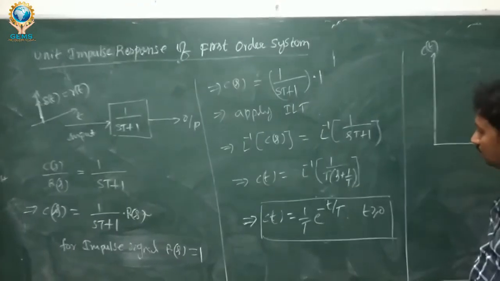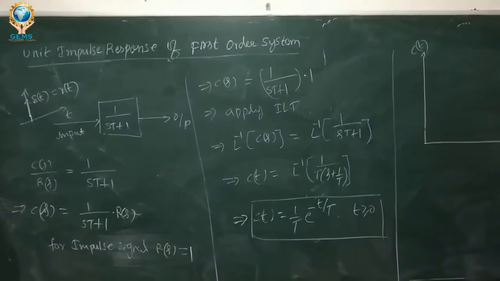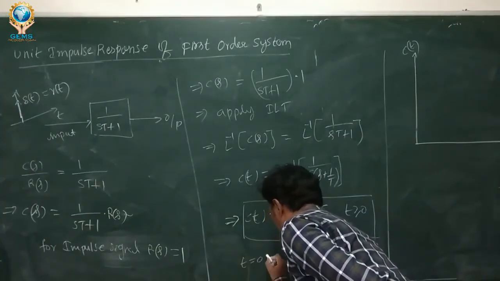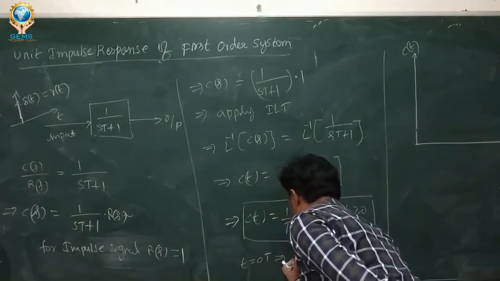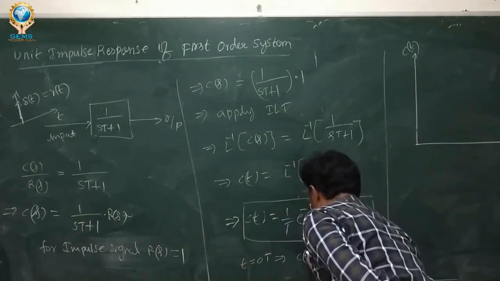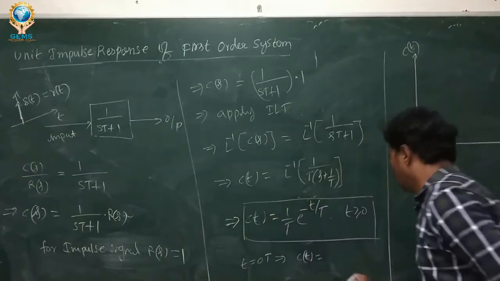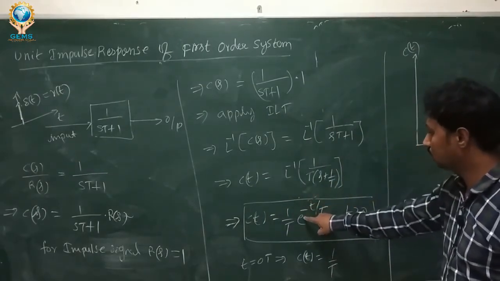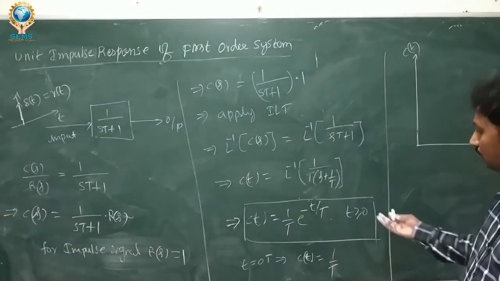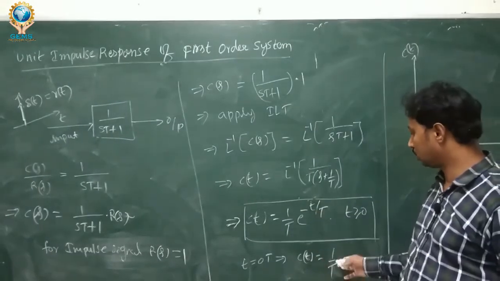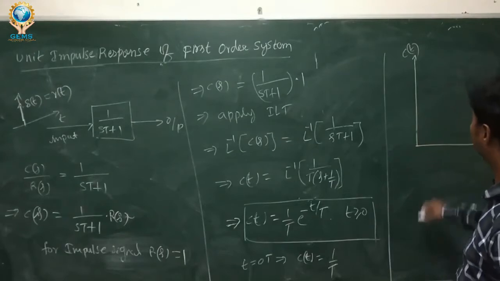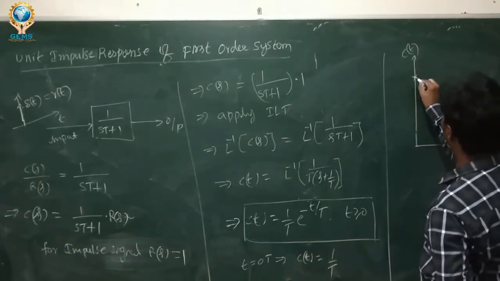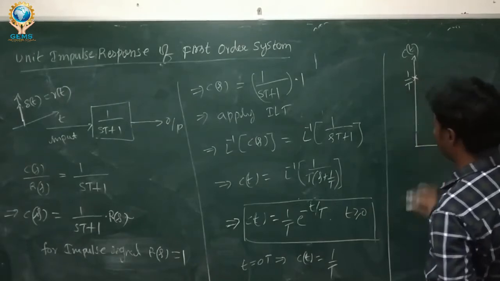When you substitute t equal to 0 in this equation, you get c(t) equal to 1 by T, since e power minus 0 is 1. So 1 by T into 1 is equal to 1 by T. At this point you will get 1 by T, right?